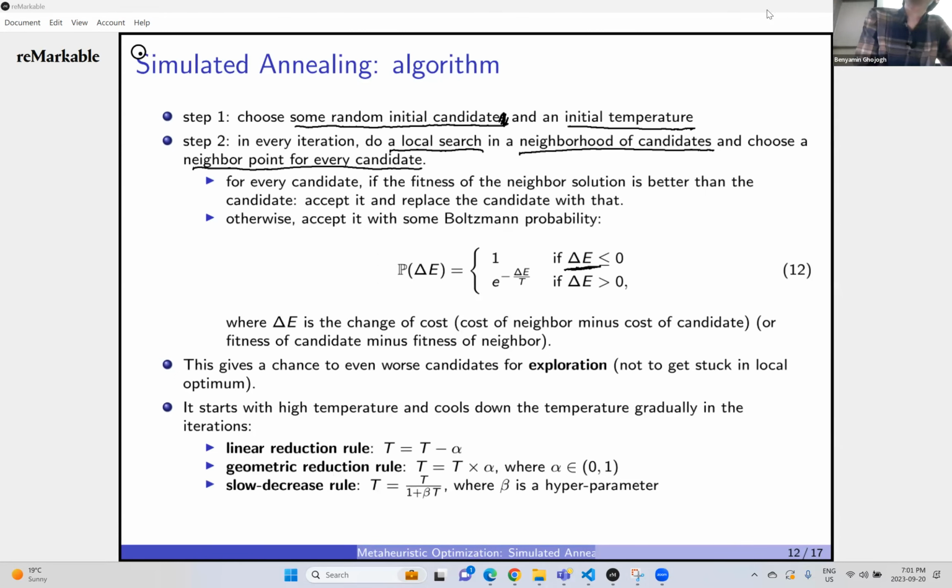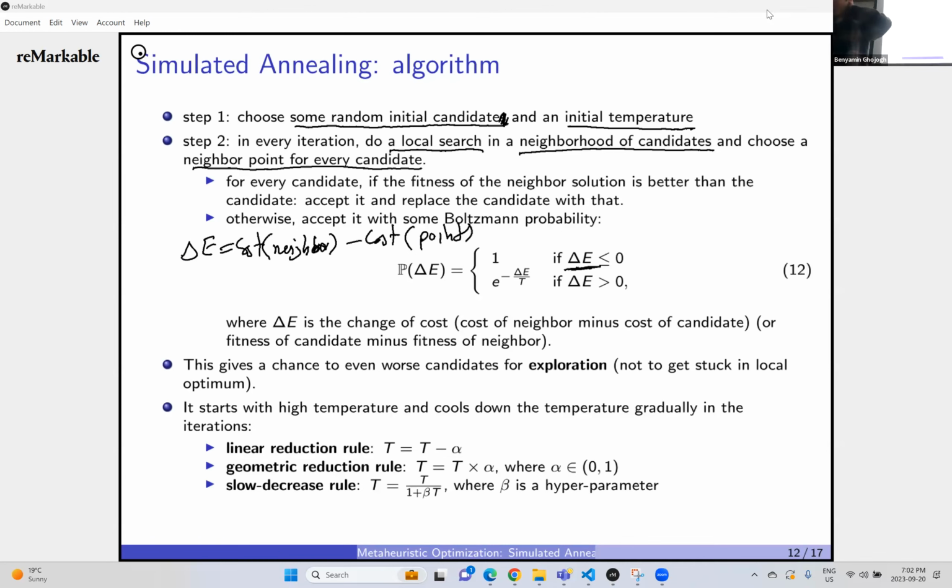In simulated annealing, I assume cost is the energy. Delta E is the difference of cost or difference of energy. So I calculate delta E, and what is delta E? Delta E is the cost of neighbor minus the cost of the point, the candidate, okay?